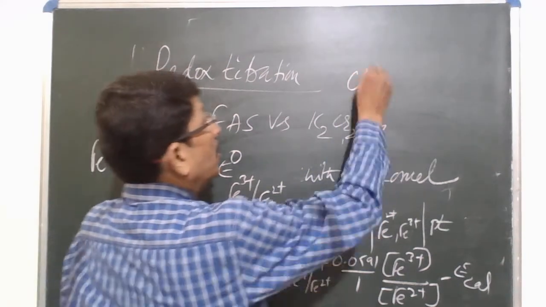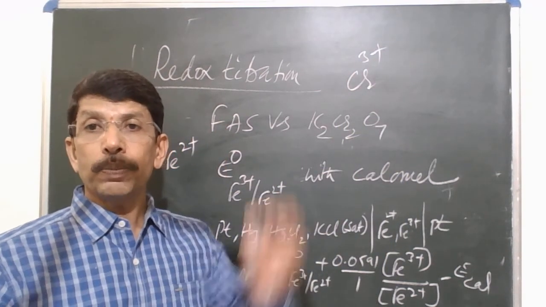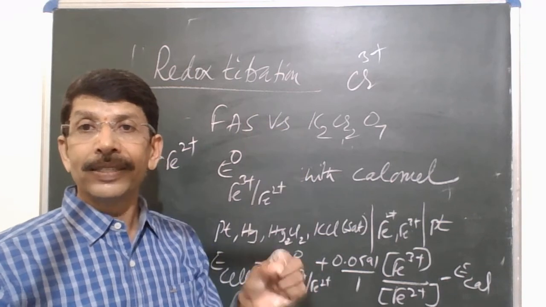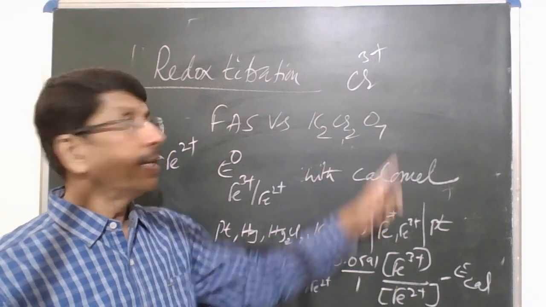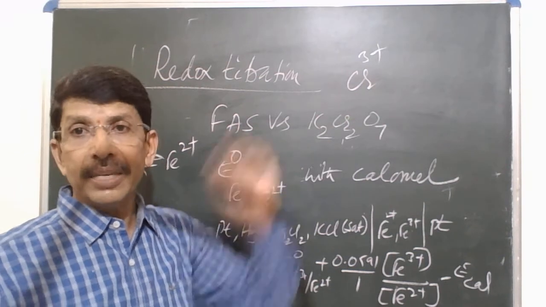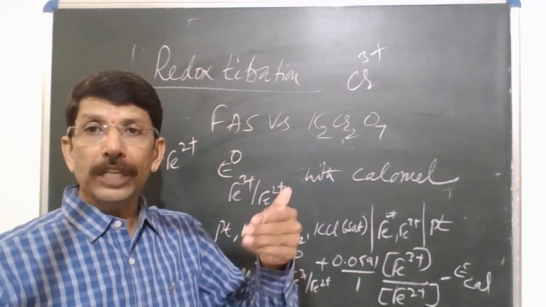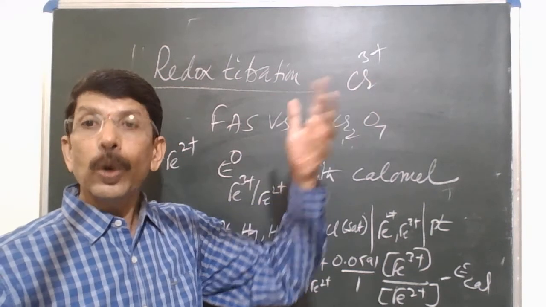As long as Fe2+ ions are present, the potassium dichromate added converts Fe2+ ions to Fe3+ ions, and the dichromate ion itself gets converted to Cr3+ ions. So during titration, along with Fe3+ ions, Cr3+ ions are also formed.